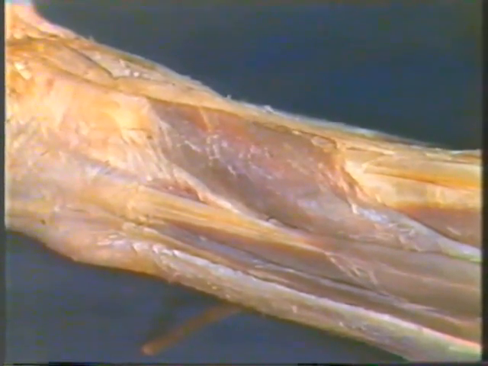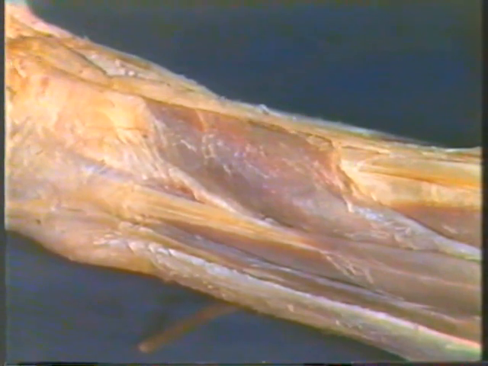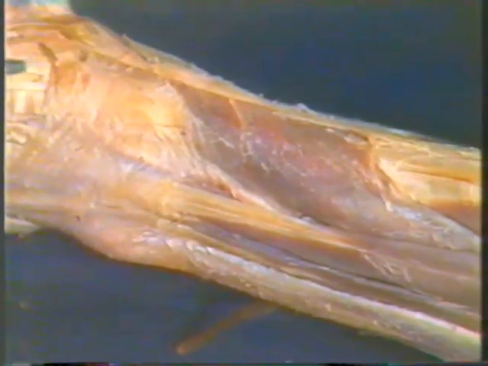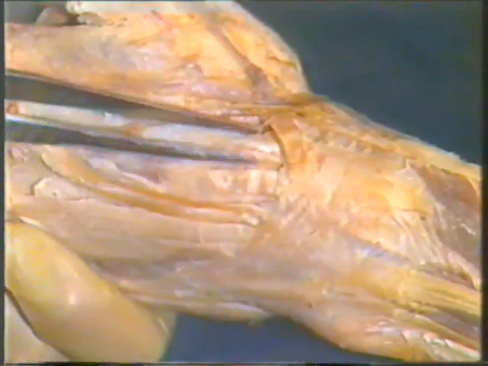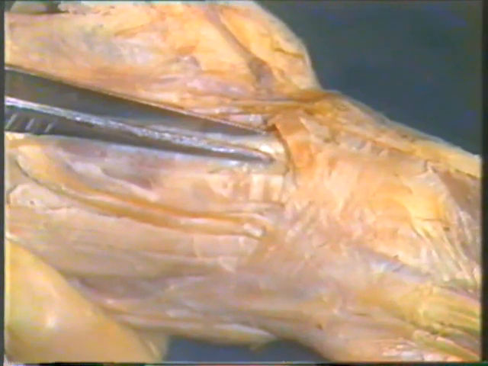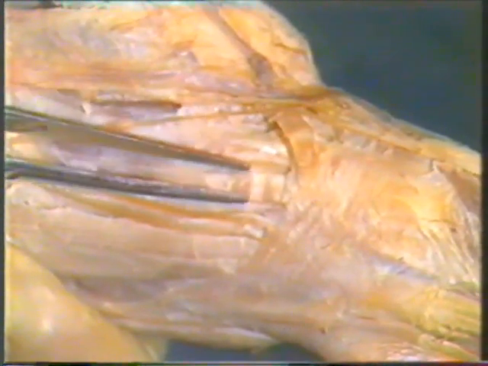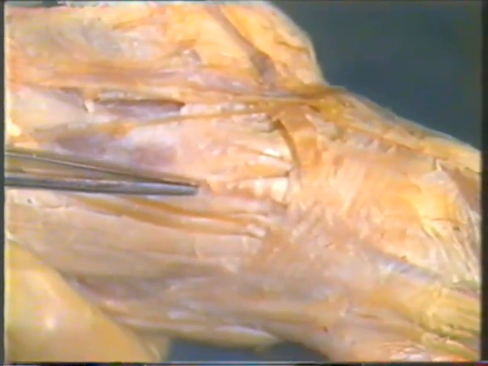The extensor carpi radialis longus is inserted into the back of the base of the second metacarpal, while the extensor carpi radialis brevis is inserted into the back of the base of the third metacarpal.